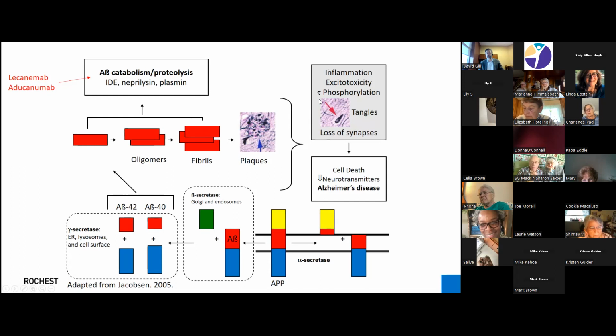This tau protein becomes phosphorylated. That's that thing I talked about, the modification of the tau protein, and they deposit inside the brain cells. They injure brain cells, and our brain cells can't communicate. Our brain cells die because of all the tangles. We can't make the chemicals that our brain uses to communicate, and eventually it leads to Alzheimer's disease.